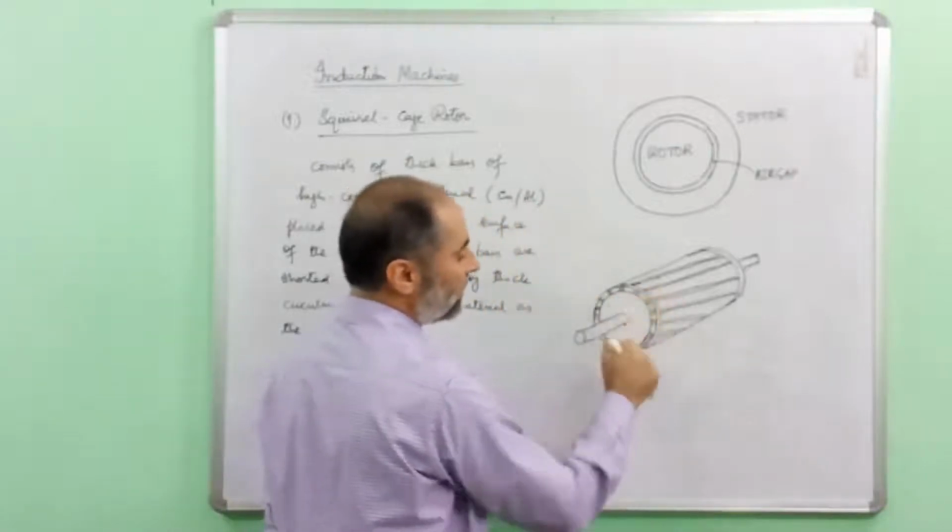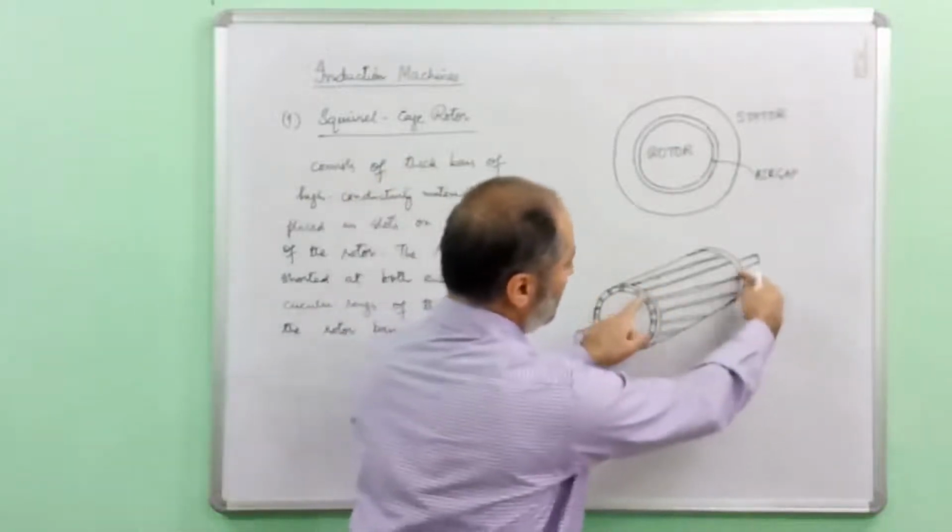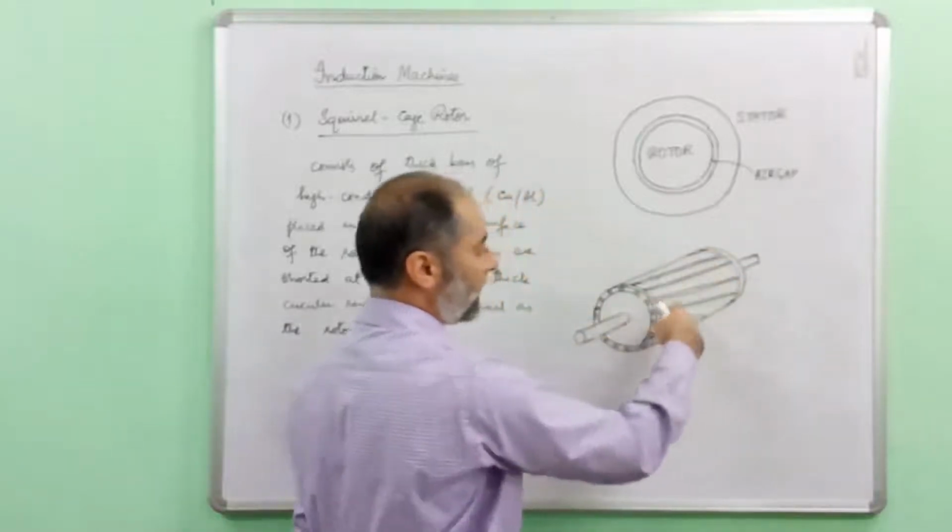The bars are visible, and on the two sides there are two circular rings which are known as end rings.